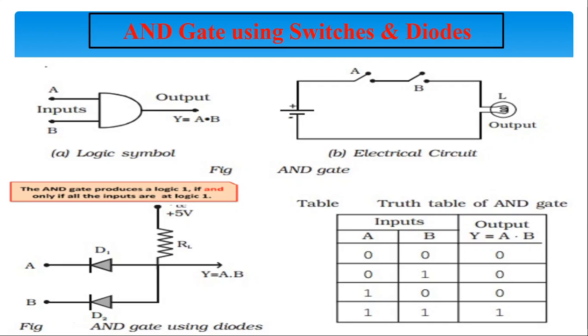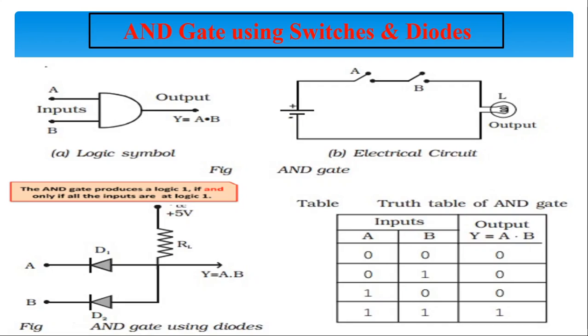Then the fourth case is A is equal to 1 and B is equal to 1. In this case, when both inputs are high, then the diodes become reverse biased. That is, both the diodes are in non-conducting state and hence act as an open switch.